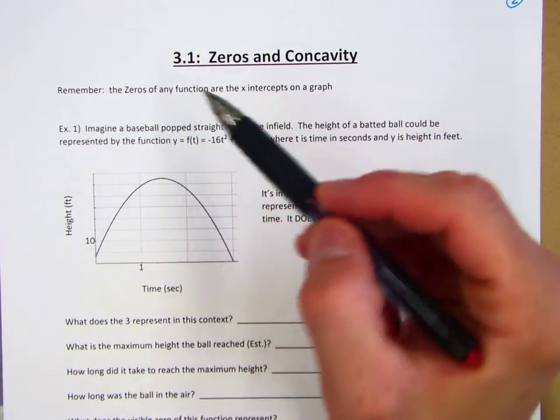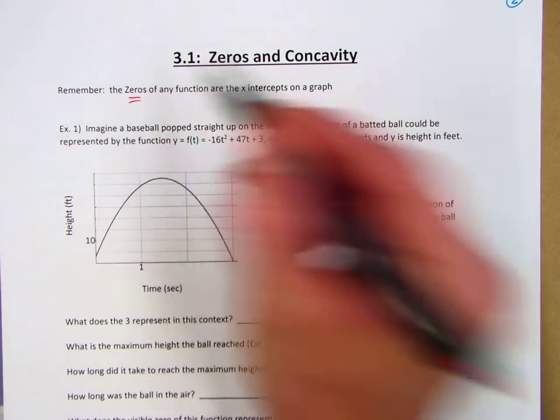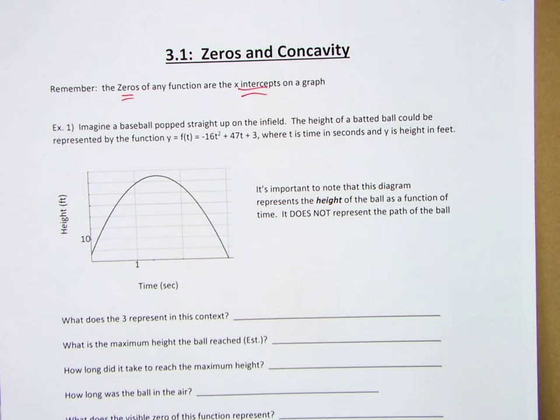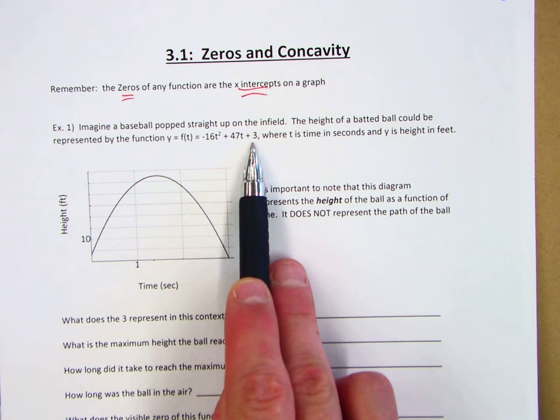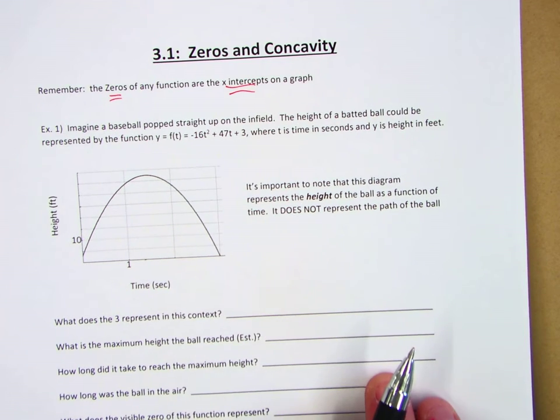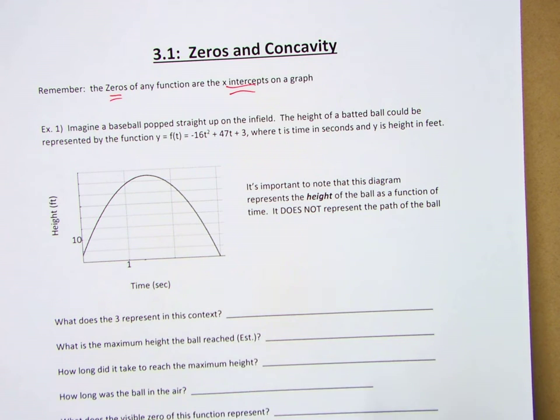So we just mentioned the zeros of a function are the x-intercepts on a graph. Now, what does the 3 represent in the function up here? Anytime you have a constant in this quadratic function, that constant at the end is going to be the y-intercept.